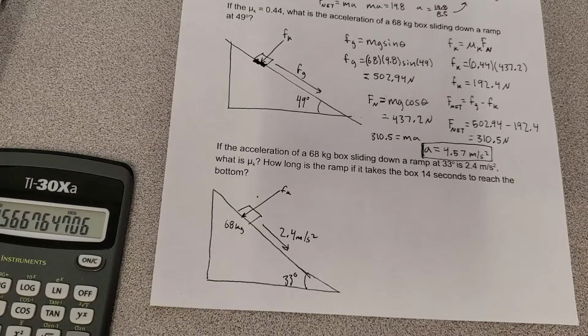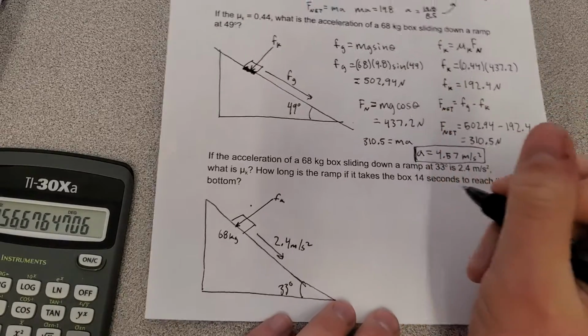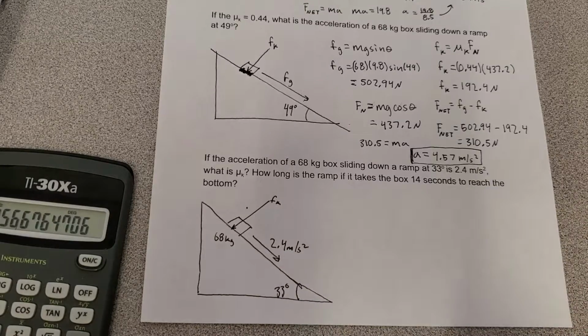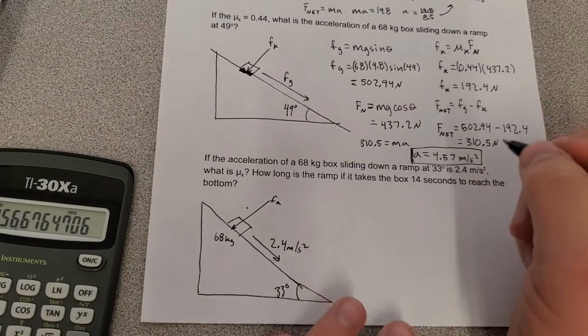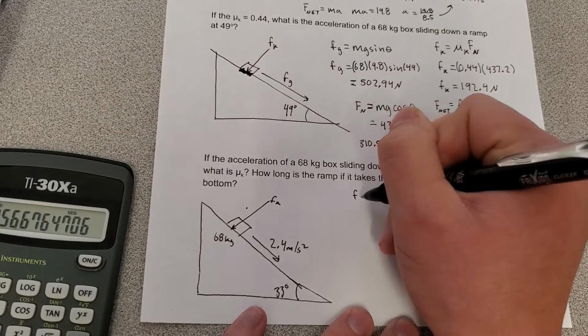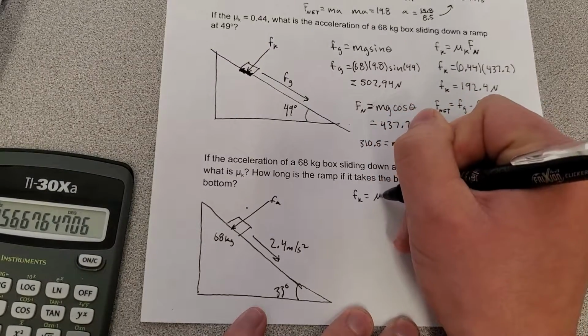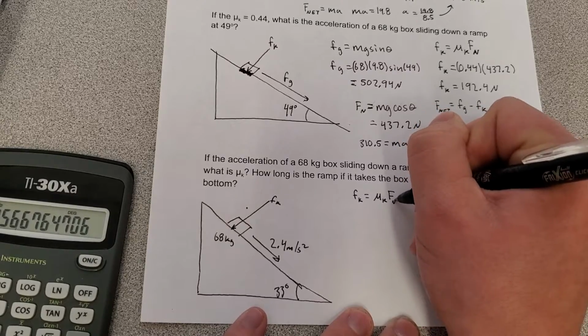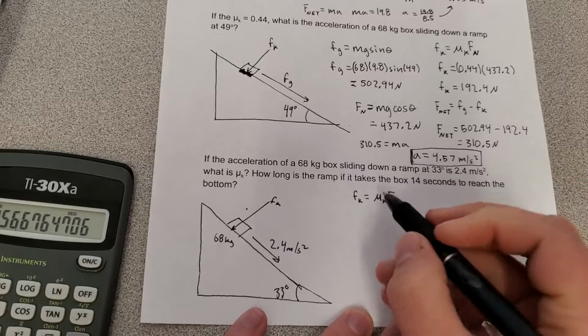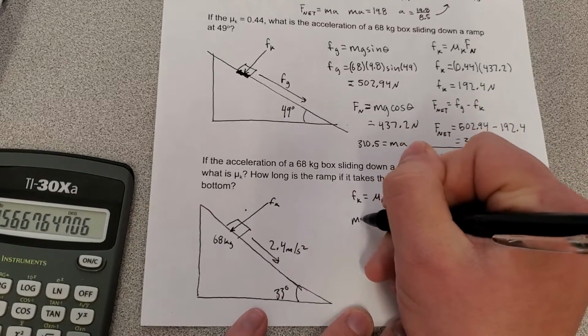Something interesting and something nice that we can do is we can say this. And I'm going to write this out in long form so you guys can sort of see what's going on. Our Fk is equal to mu k times Fn, the normal force. This is a force, and any force is equal to mass times acceleration.